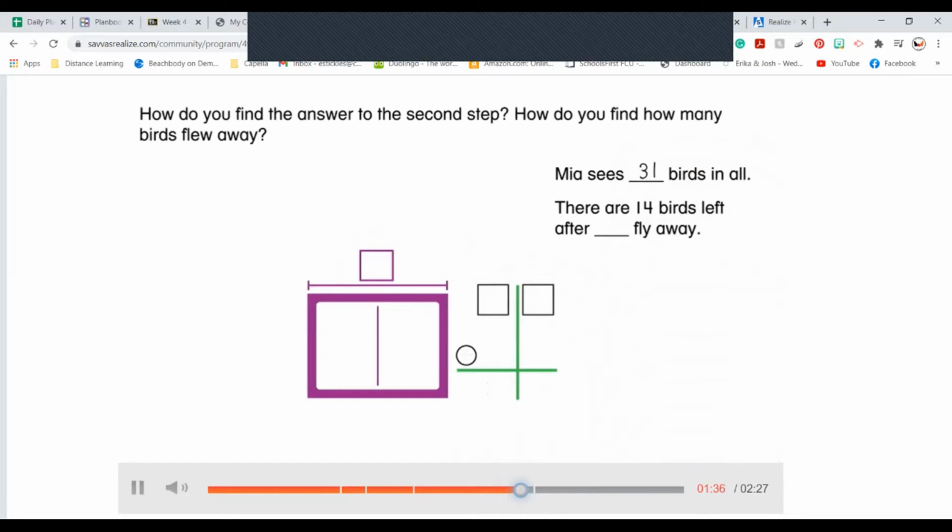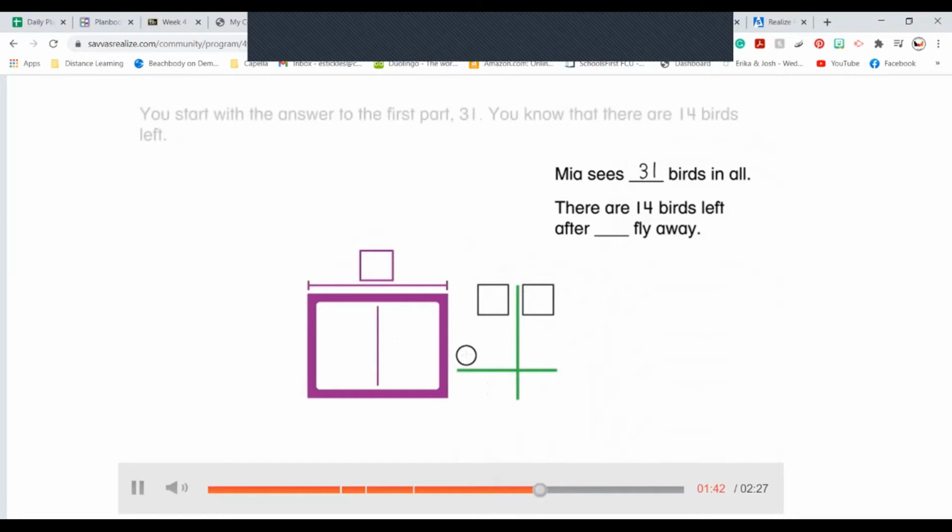How do you find the answer to the second step? How do you find how many birds flew away? Now we're going to take the total number of birds and subtract the 14 birds that are left, and that's going to tell us how many flew away. You start with the answer to the first part, 31. You know that there are 14 birds left.